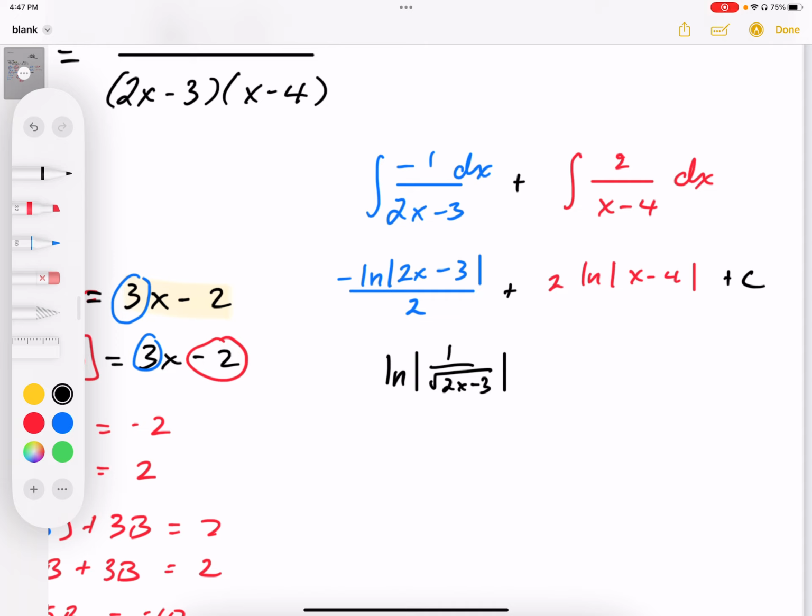And then plus, the 2 in front of the log in red becomes an exponent on the x minus 4. Okay, so we can compress that log expression into the one log expression. However, this is perfectly fine.